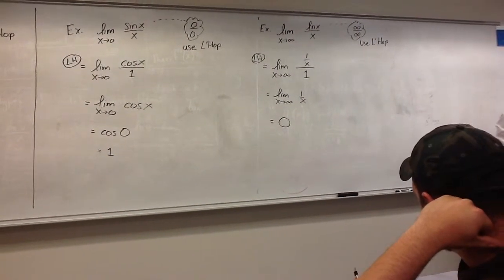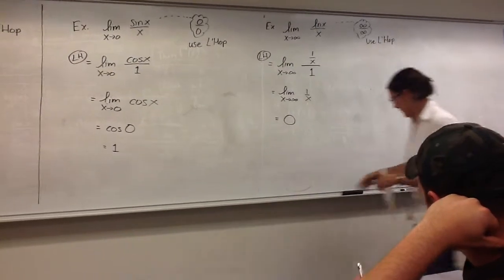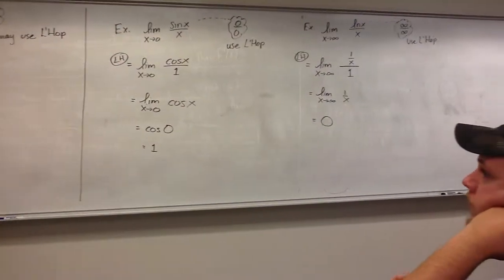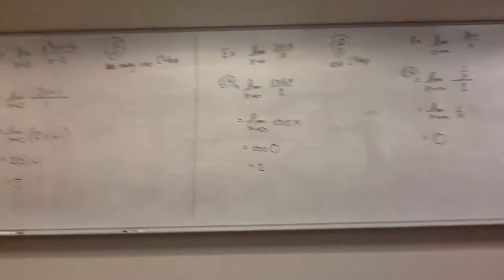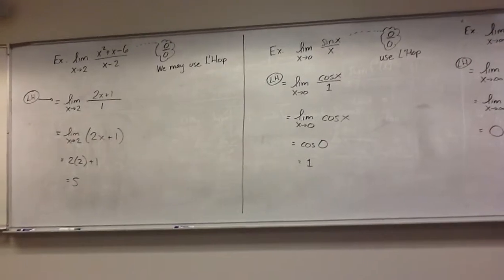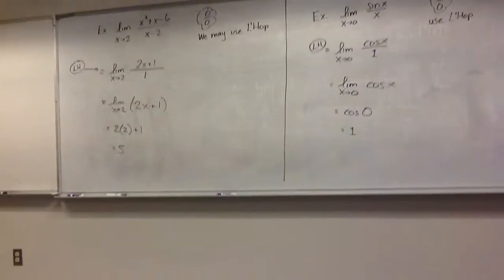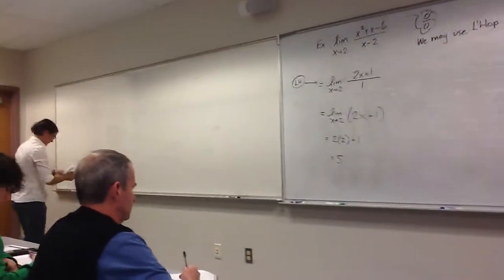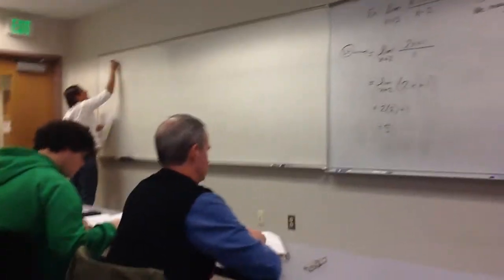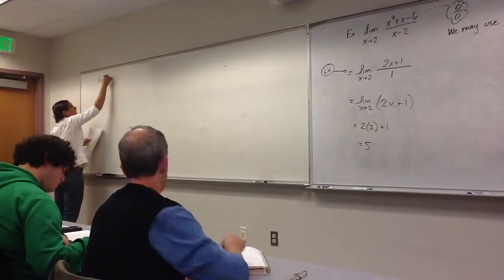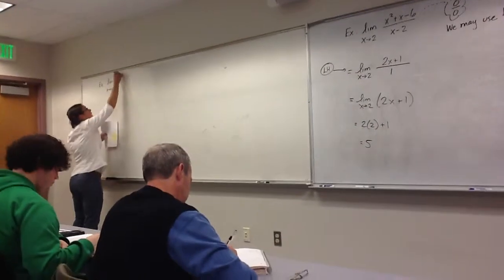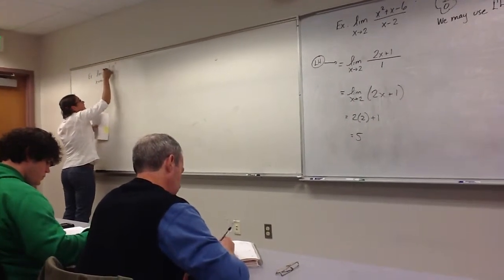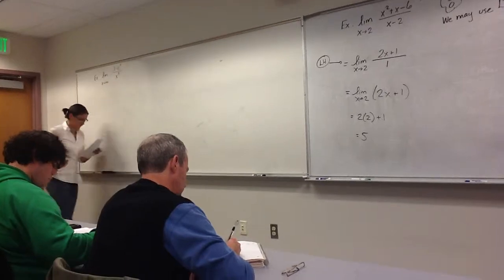All right, so the example that you wanted to see. We've got the limit as x approaches infinity of 1 minus e to the x over x to the third.